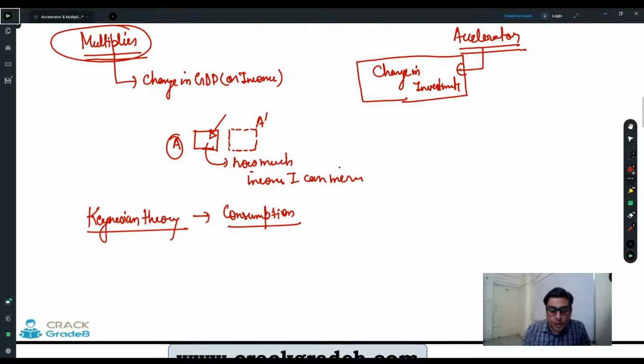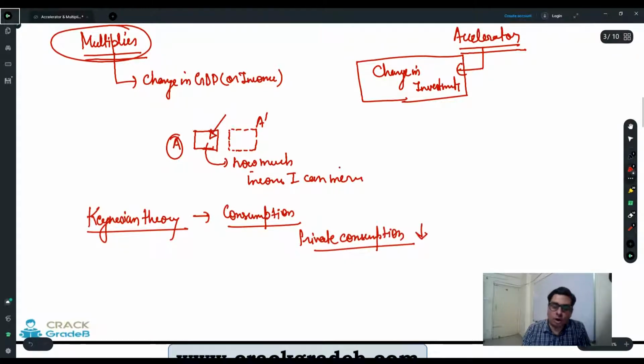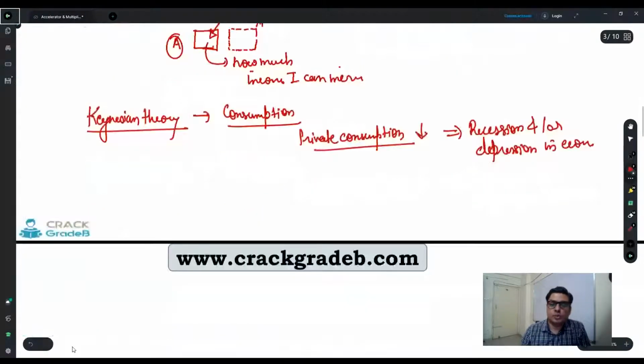According to Keynes, if private consumption is low or decreasing, and that is causing recession and or depression in the economy, then what should be done?